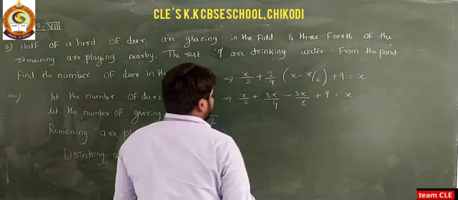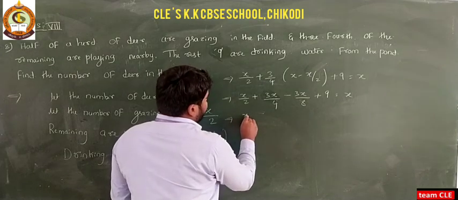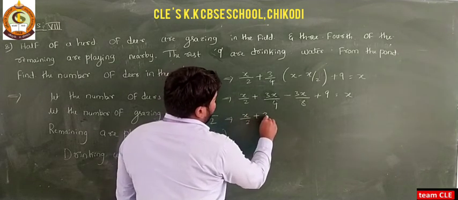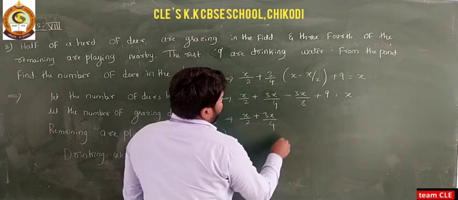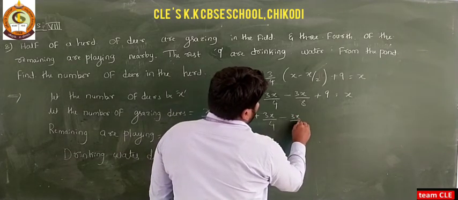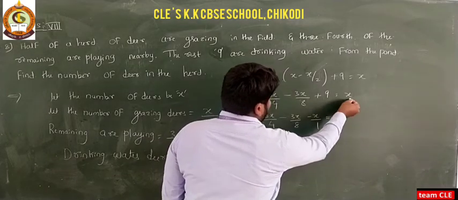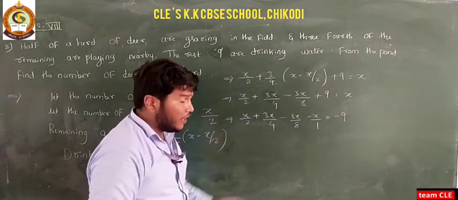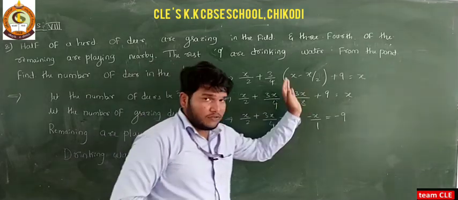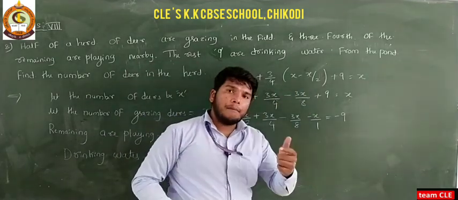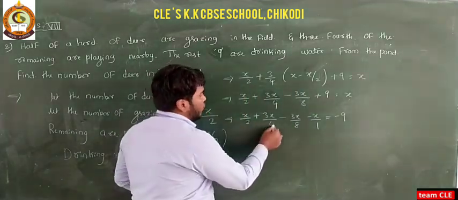Okay dear students, x you take to this side: x by 2 plus 3x by 4 minus 3x by 8 minus x by 1 is equal to minus 9. So x terms we take on the LHS, and the constant term, plus 9, is sent to the RHS and becomes minus 9. Okay, so 2, 4, 8, 1.